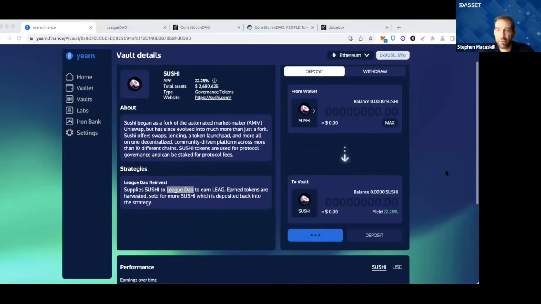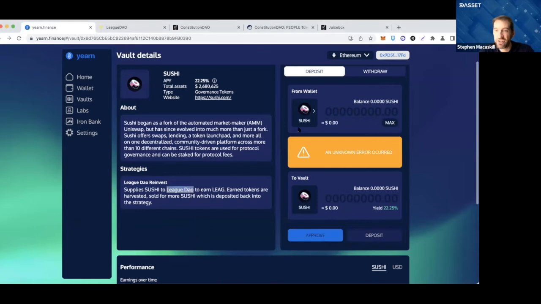So right now approving is about $10. Buying Sushi is about $50, and those on-chain fees add up. So unless anyone wants to see the demo of me depositing Sushi into this vault, I've done deposits into vaults in the past on chain, so I will skip that demo.